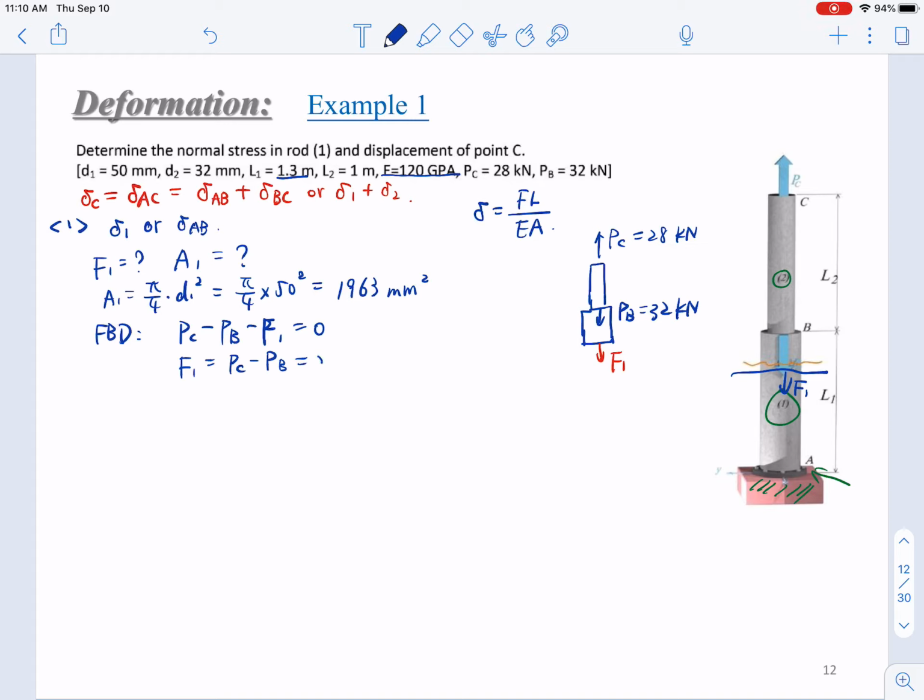That is 28 minus 32. That is negative 4 kilonewton. Okay, then the delta AB or delta 1 equals what? It's F1 L1 over E A1.